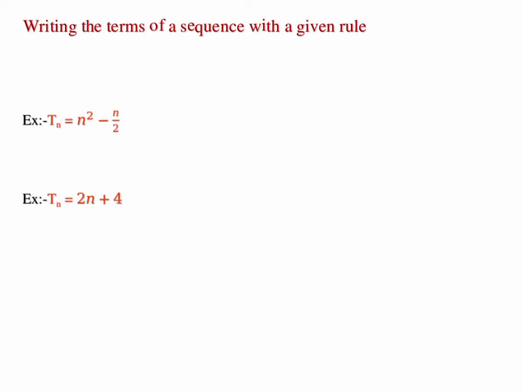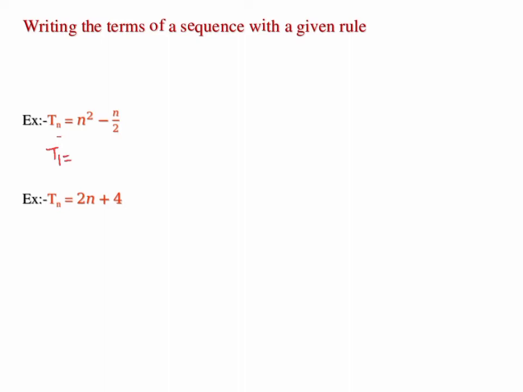So let us write the terms of a sequence with a given rule. Here what we will do is write the terms of a sequence with a given rule. We are given the rule tn equals n square minus n by 2. Now we will write the terms.